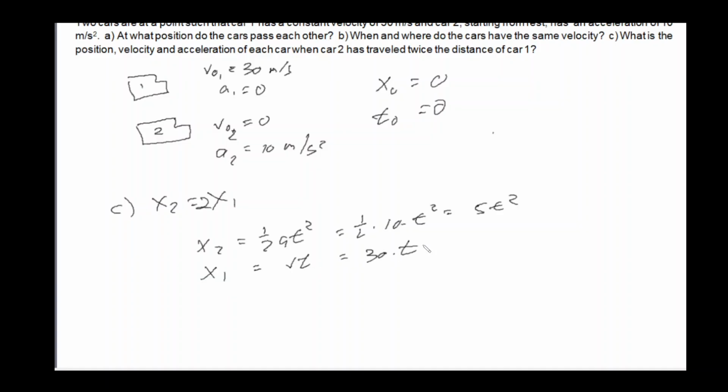So we want to know when x2 is equal to twice times x1, or 60t. If we then solve that equation for t, we get t equals 12 seconds.